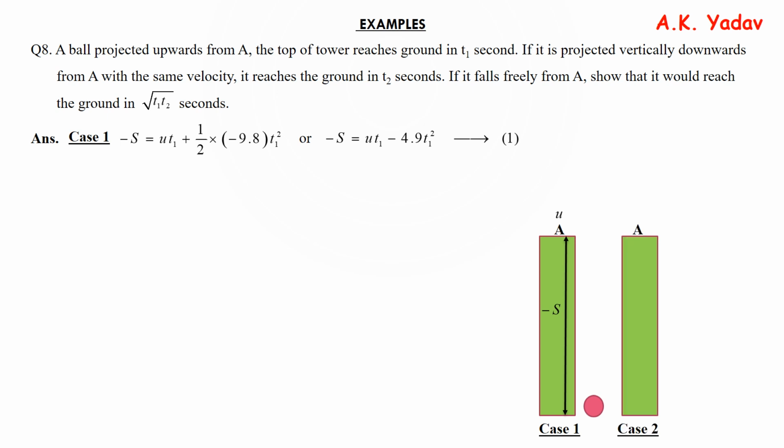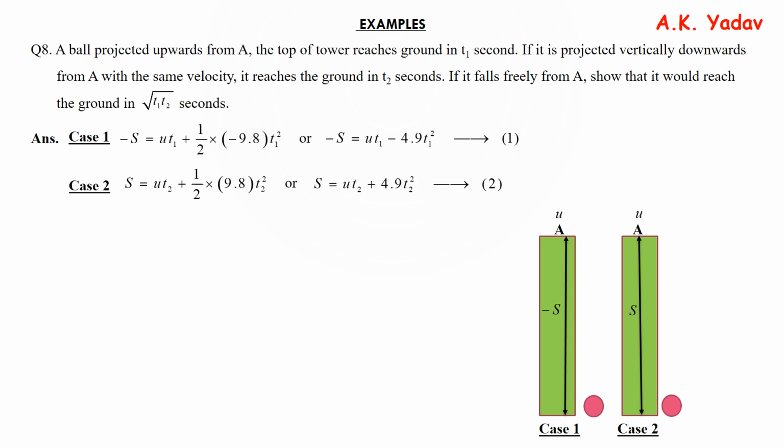Okay, case 2, again from point A, now it is projected downwards with the velocity u. So it covers a distance s in time t2. So s is equal to ut2 plus half into 9.8 into t2 square. That is s is equal to ut2 plus 4.9 t2 square. We name this as equation number 2.